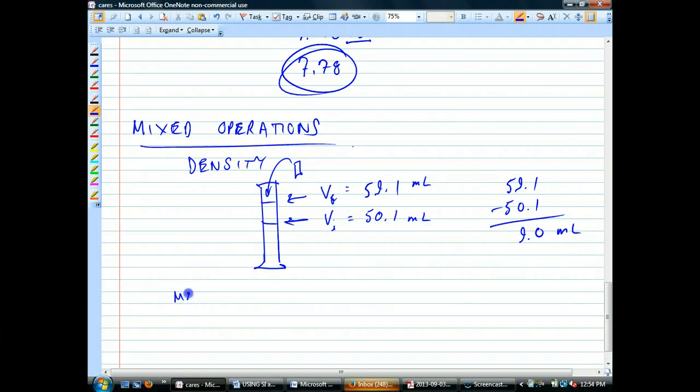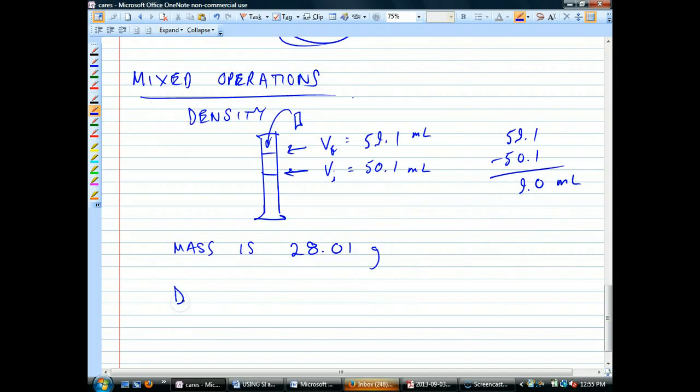Now let's say the mass. I weigh this thing, and the mass is 28.01 grams. So then the density is going to be equal to 28.01 grams over 9.0 milliliters.